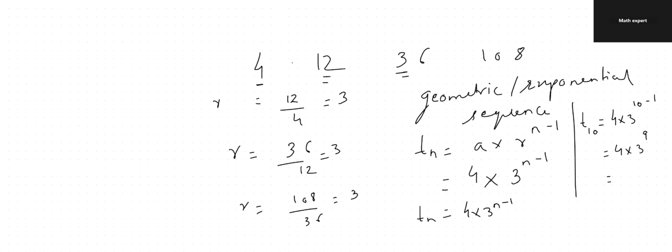Maybe they will ask for the 5th term or 4th term, which is easier to calculate. Otherwise, you can just do 4 into 3 into 3 into 3 into 3 into 3, so 1, 2, 3, 4, 5, 6, 7, 8, 9, and then you can multiply. Or otherwise, we can always take a smaller example if you want, because for this, you will need a calculator.